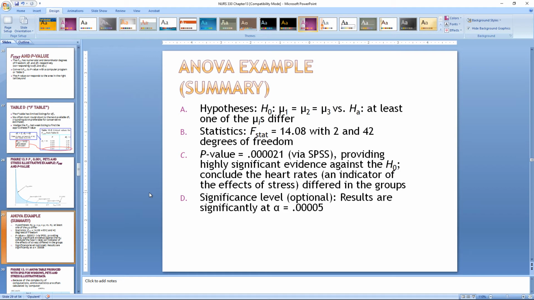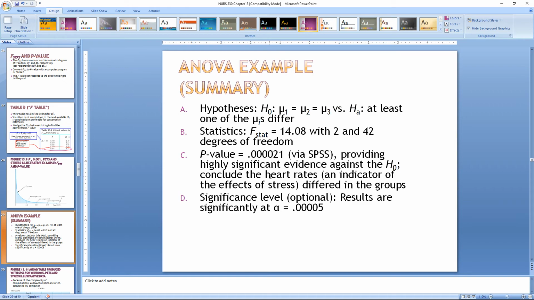And we had a p-value, when you actually calculate it out, of 0.00021 via SPSS, providing highly significant evidence against the null, concluding the heart rates as an indicator of stress differed in the groups. So we could say it's definitely statistically significant at this alpha level.